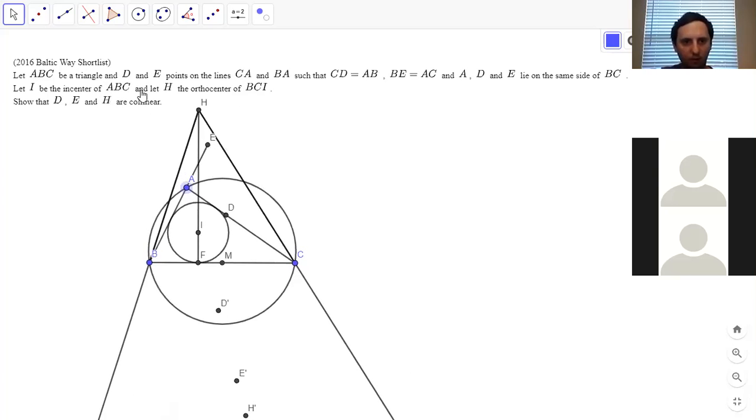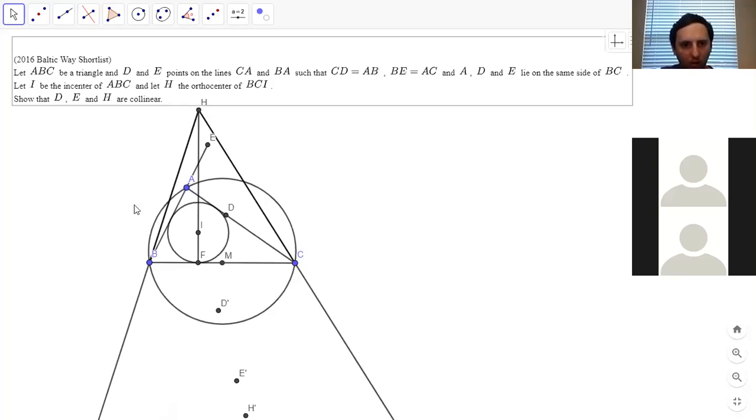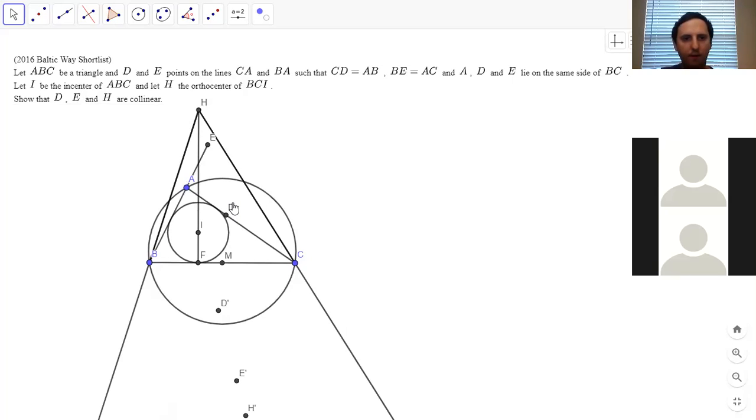So we can see that BD prime is equal to CD, which is equal to AD. So we have angle BAD prime is equal to angle BD prime A. Okay, hold on. Actually, can you draw BD prime and AD prime?